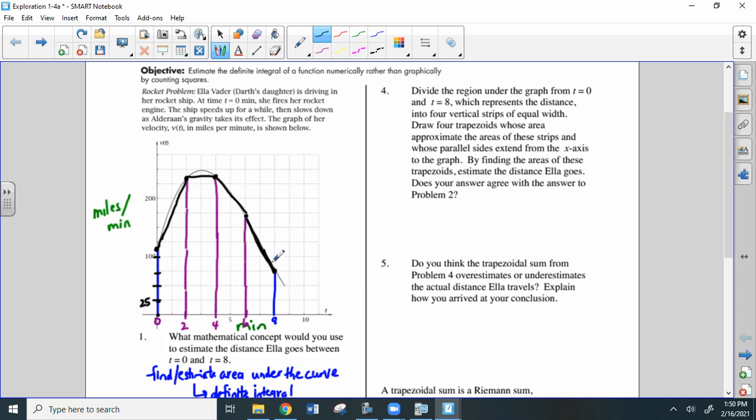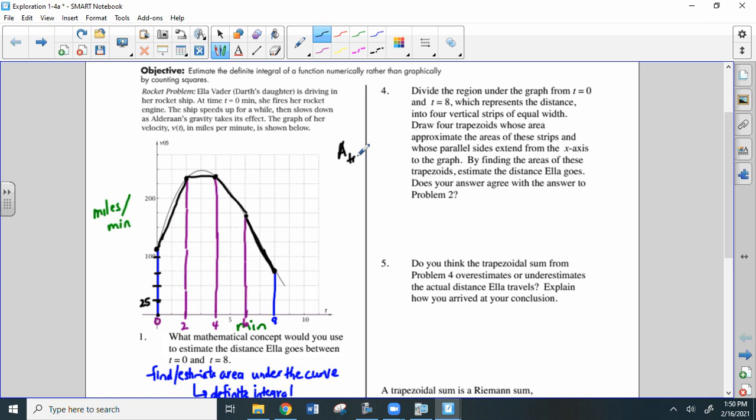All right, so there are my trapezoids. And then it says, by finding the areas of these trapezoids, let's estimate the distance Ella goes and see if our answer agrees with what we got back in problem number 2. So recap, how do you find the area of a trapezoid?